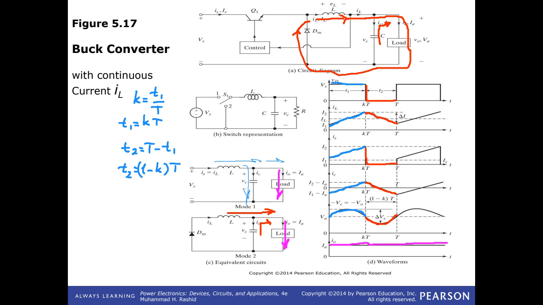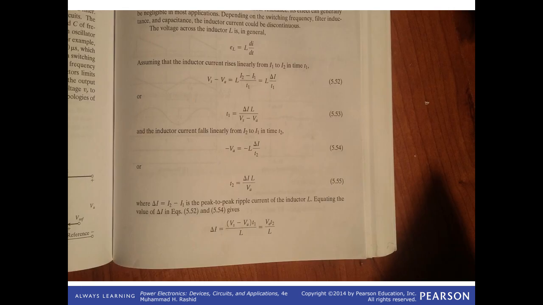So I2 minus I1 is delta I divided by T1, which is L di/dt actually. We take T1 as delta I times L over Vs minus Va, where Va is the output.